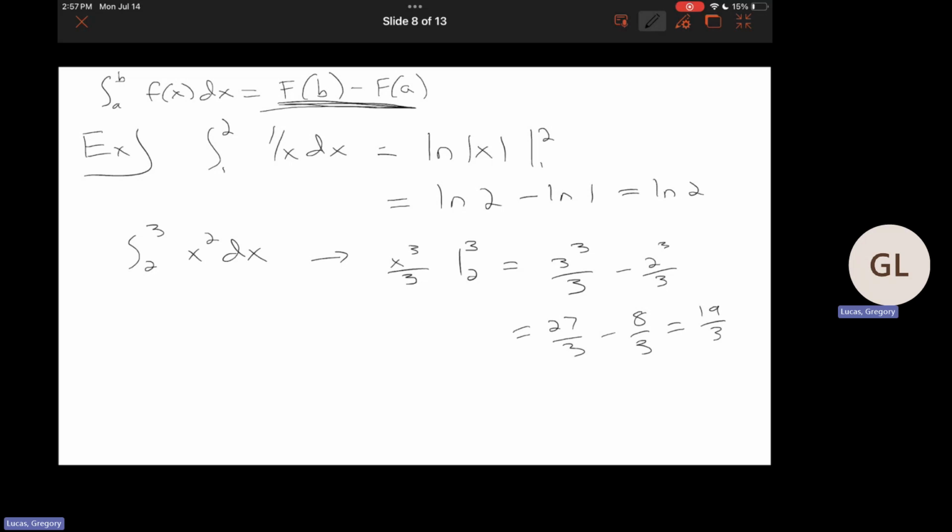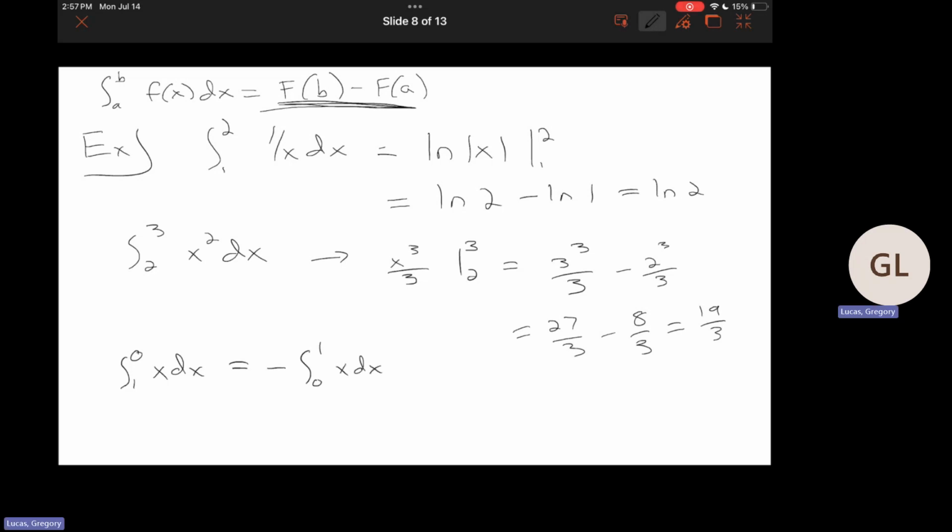Let's try one more. Let's say I have the integral from 1 to 0. Let's just say we have x dx. Make it nice and easy. So if I have x dx, we know the antiderivative would be x squared over 2, but I can't do that quite yet, since my limits are upside down. I always need my lower limit on the bottom. So I could rewrite this as negative the integral from 0 to 1 of x dx.